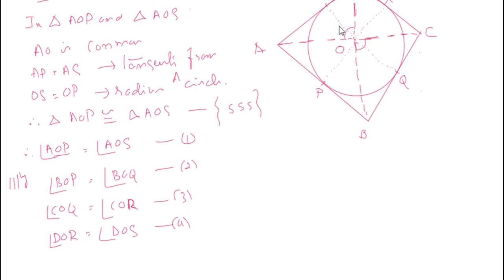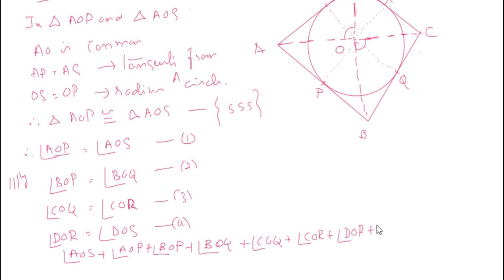Now let us add all the angles around this center O. So angle AOS plus angle AOP plus angle BOP plus angle BOQ plus angle COQ plus angle COR plus angle DOR plus angle DOS. Now this is equal to 360 degree.